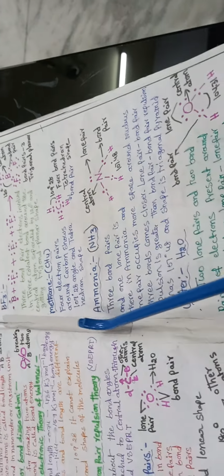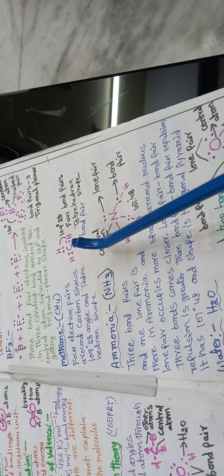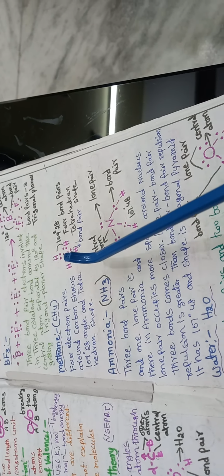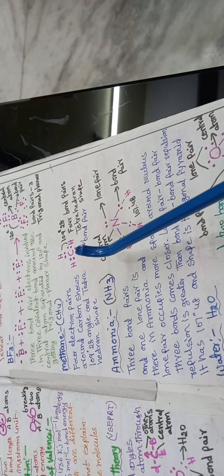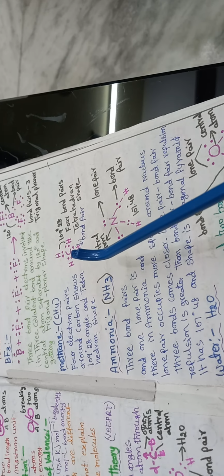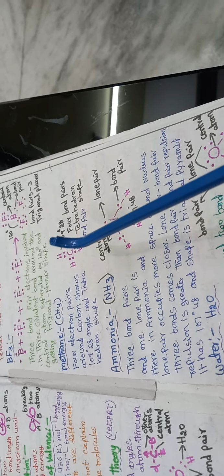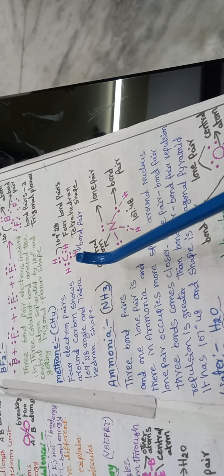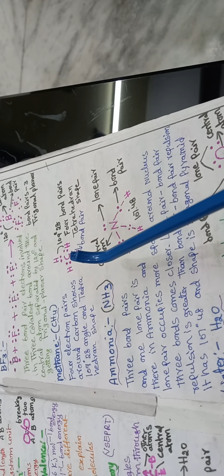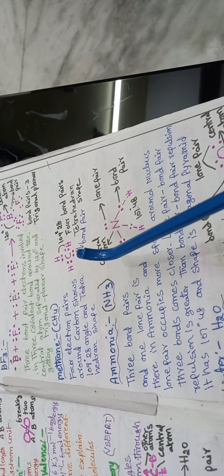Okay. Next example, methane. So carbon has 4 valence electrons and only one carbon atom is there, and carbon is the central atom and the other atoms, 4 hydrogens, are there around the carbon. So here we can see the 4 valence electrons of carbon shared with the 4 hydrogen atoms.